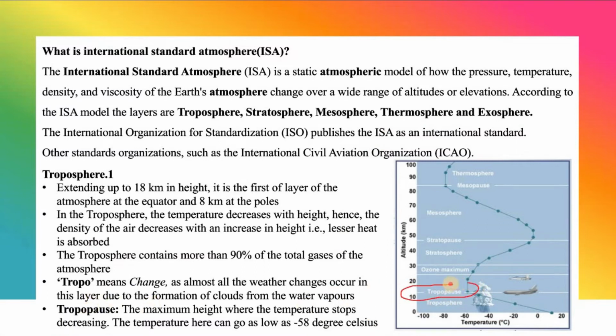This is the tropopause, the maximum height where the temperature stops decreasing. The temperature here can go as low as minus 58 degrees Celsius. This is the troposphere.